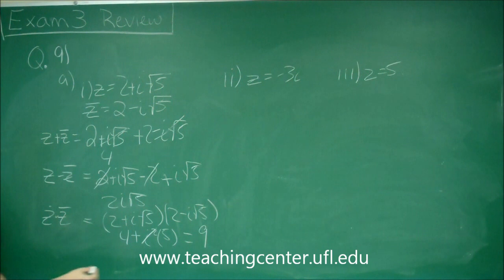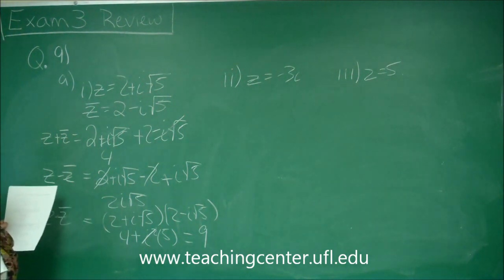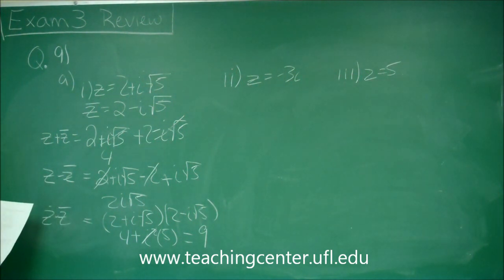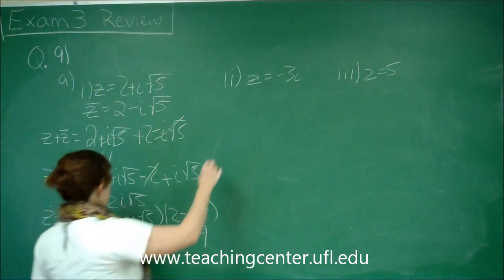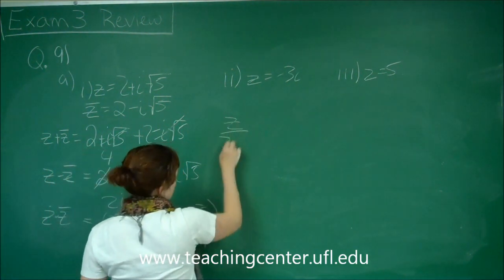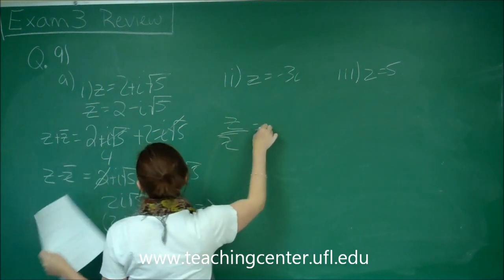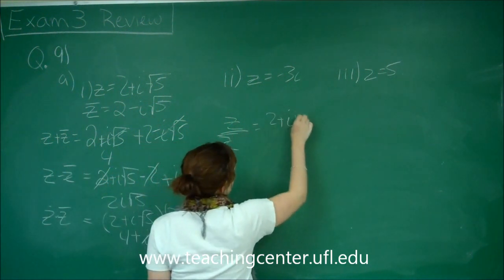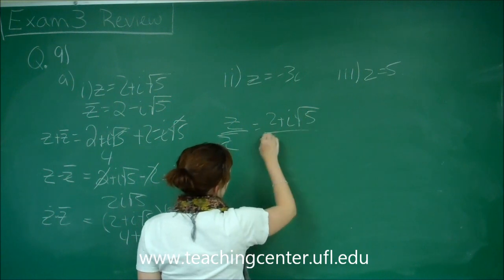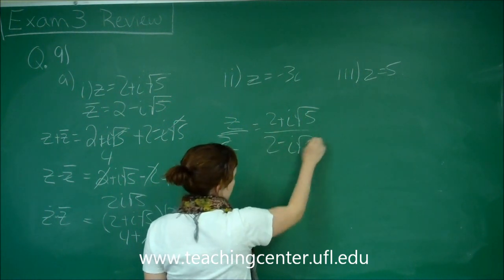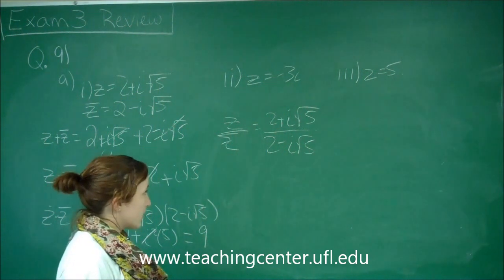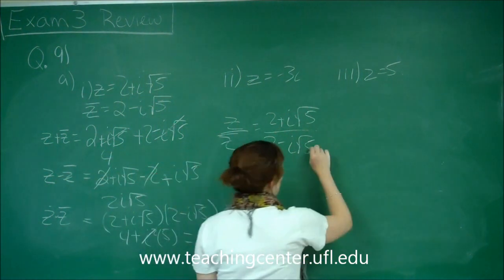And then the last part it wants is z divided by z bar. And so I'm going to have to write that over here. z divided by z bar. And that would be equal to 2 plus i square root of 5 over 2 minus i square root of 5. And so what we'd have to do there is multiply the top and bottom by our complex conjugate.